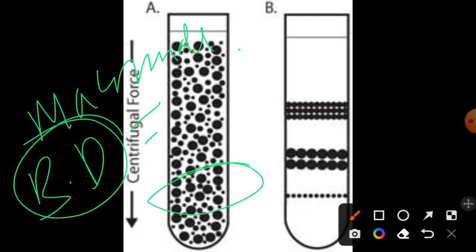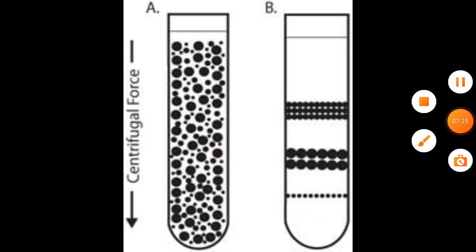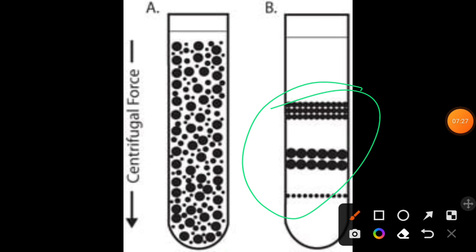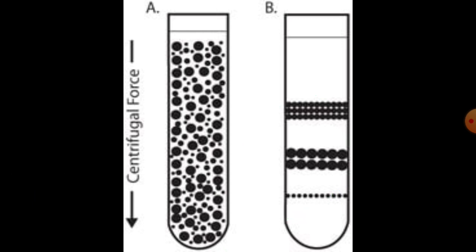As a result we get distinct bands, and each band contains different particles whose buoyant density is exactly the same. That's how, on the basis of buoyant density, we separate a complex mixture with isopycnic centrifugation. So I am repeating the entire thing.